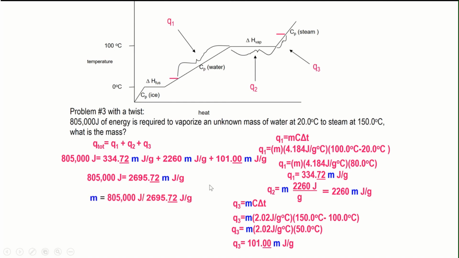So quite simply, divide both sides by 2,695.72 joules per gram, and we're going to end up with 299 grams as our mass of water. Only 3 digits, because 805,000 only has 3 digits.